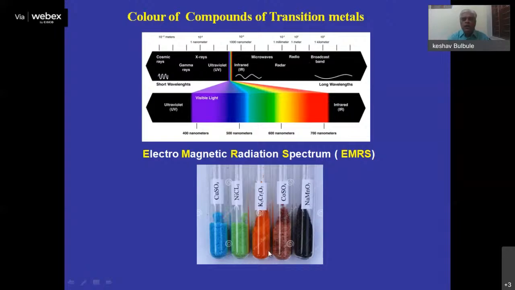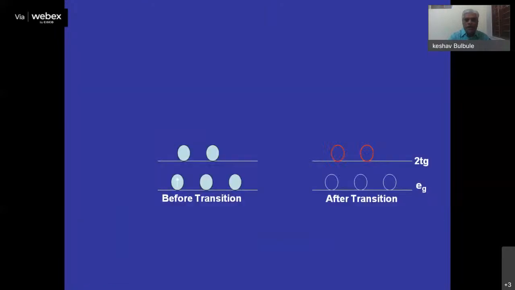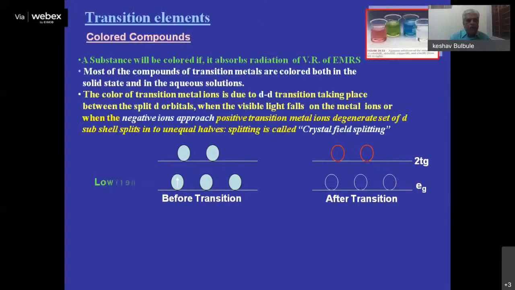And when do we expect that a substance should be orange in color? When do we expect that a substance should be blue in color? For that, we have a little more detailed explanation, and that explanation you will see in this slide. The compounds of d block elements are colored because of the partially filled d orbitals.